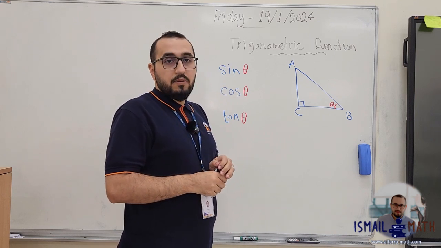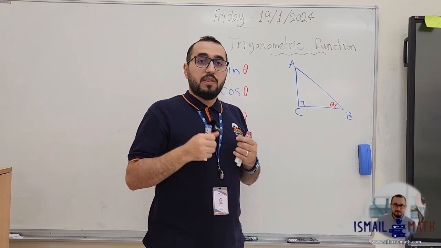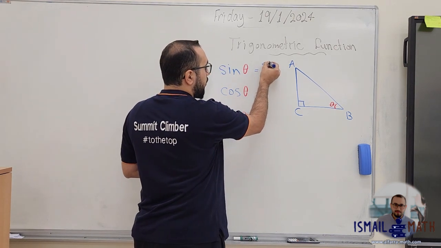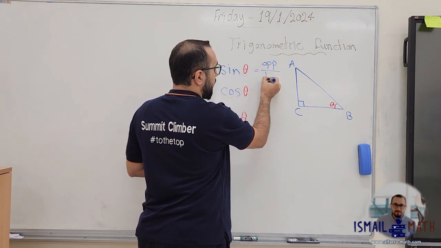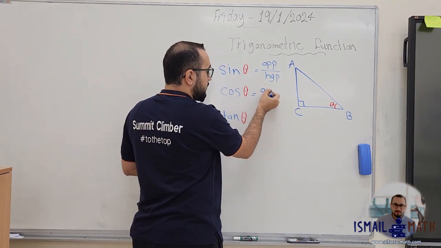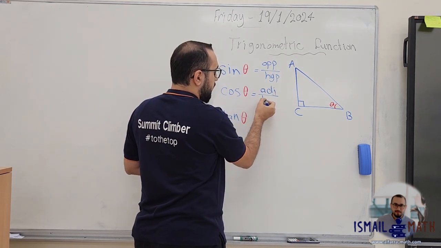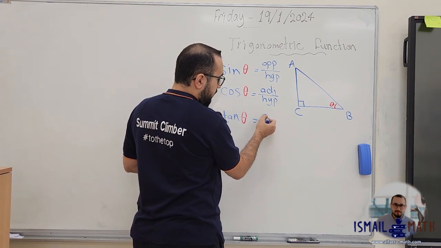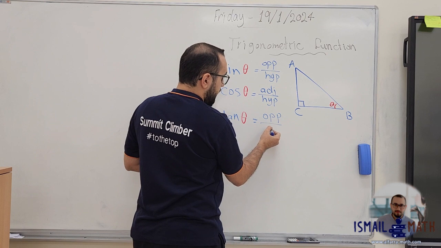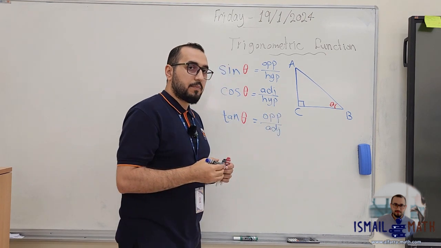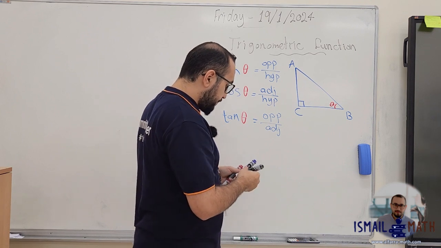Now, how can I use them? The ratio of the sine is written as op over hyp, the cosine is adj over hyp, and the tangent is op over adjacent. What is op, what is adj, what is hyp?